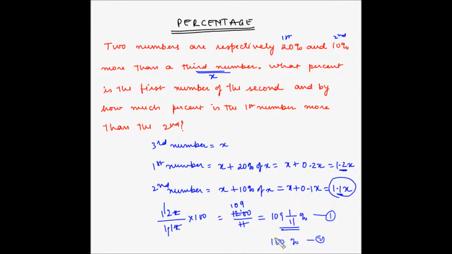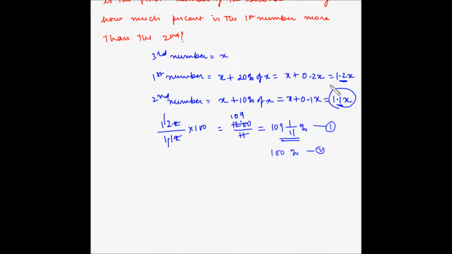This is the second number, because when we try to find out how much percent is one number of the second number, the second number is taken as the base and it is made equal to 100, and then we find out what is the first number as a percent of that number.